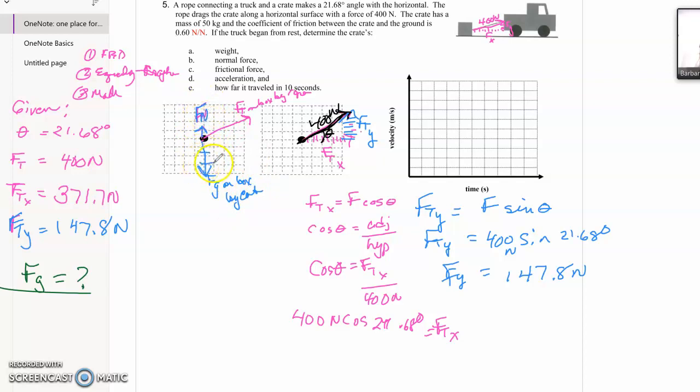And let's say that's 3, and this is 1, and this will be 2, right? So I do know that the equality for the y is FG, right? And force normal, if it were just on the flat, normal would be carrying the whole basket. But now normal plus FTY are carrying the weight, right?